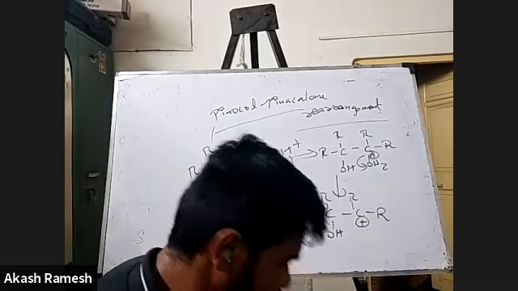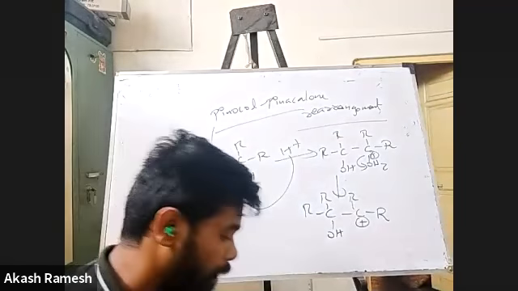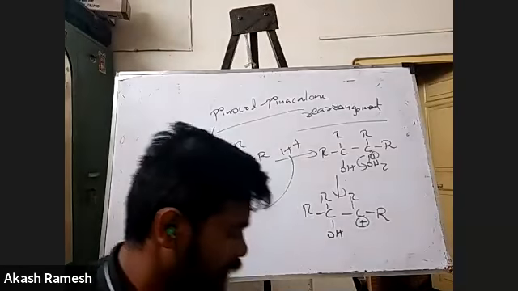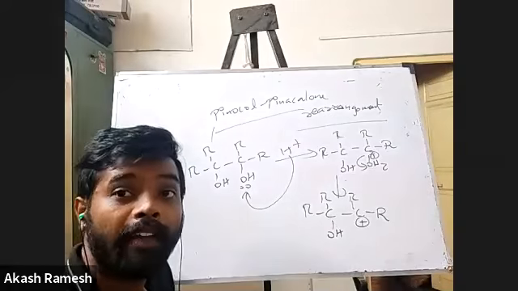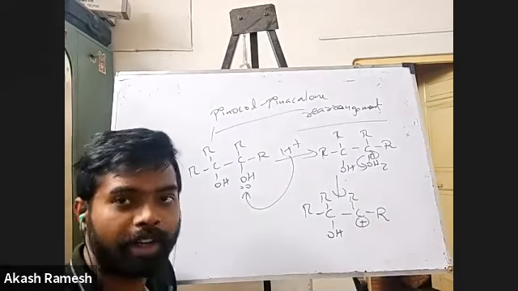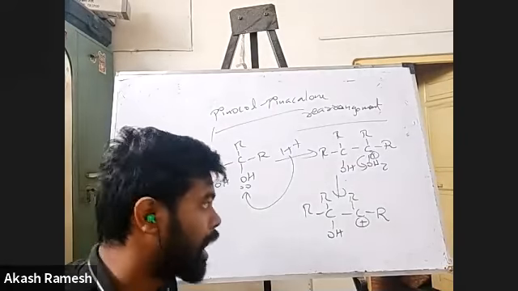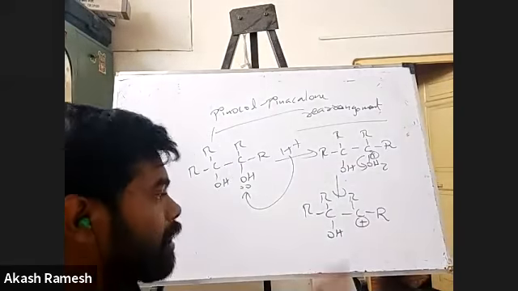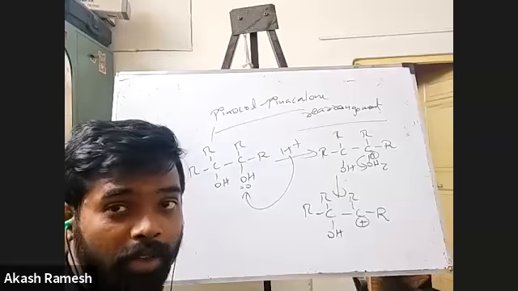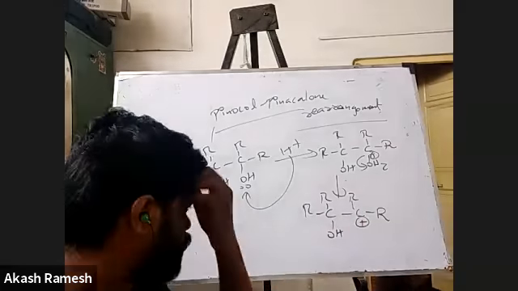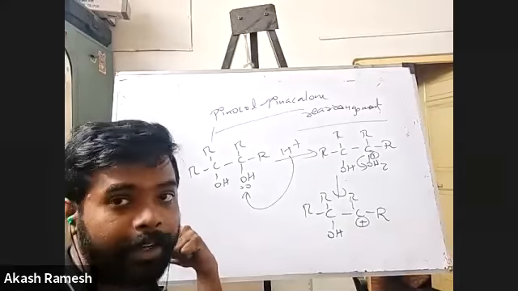No issues. Now what you're going to see, guys, is a carbocation rearrangement. You can ask me, sir, why is rearrangement going to happen? It is because I am going to have a more stable product formed at the end.